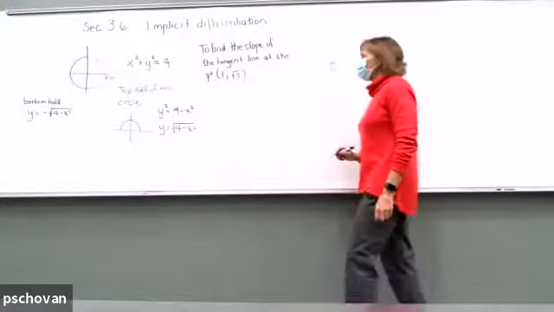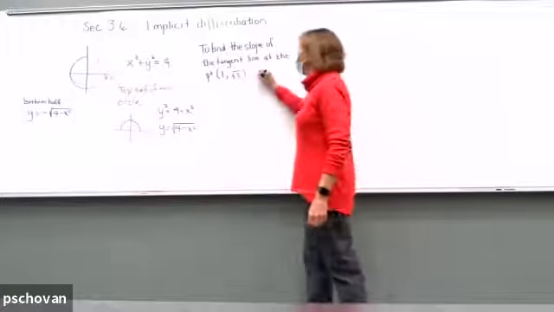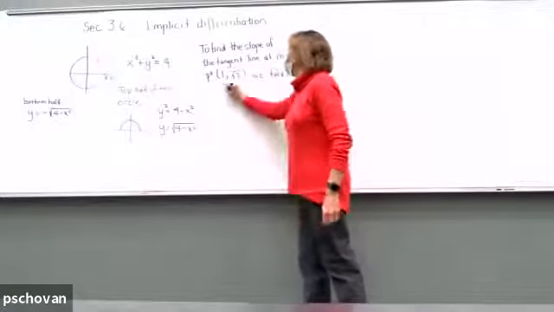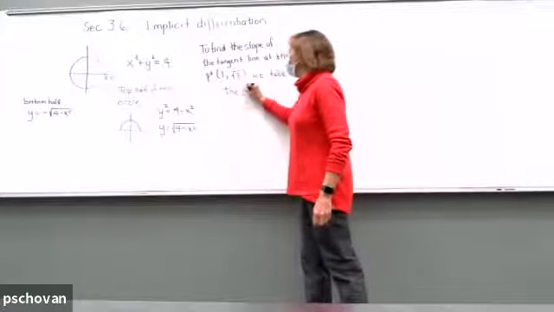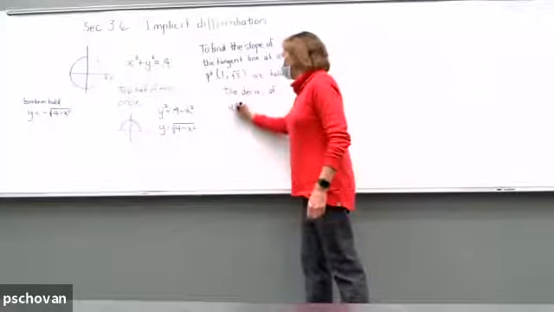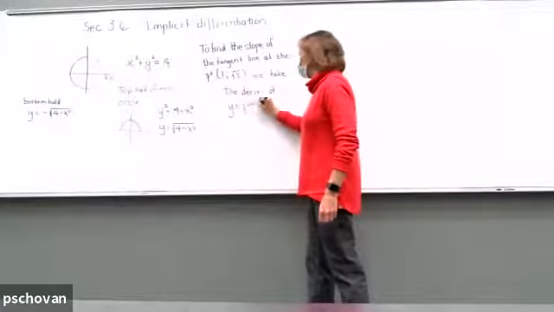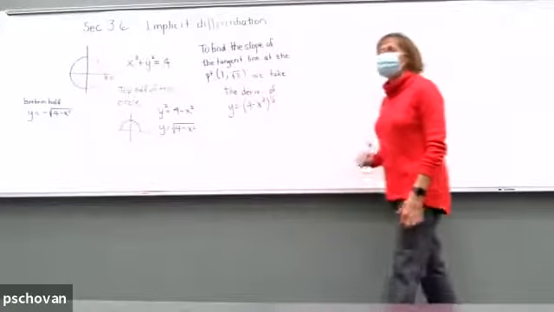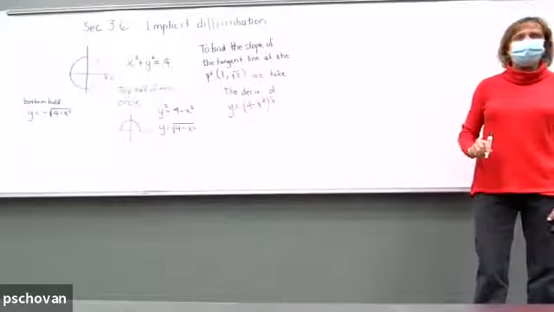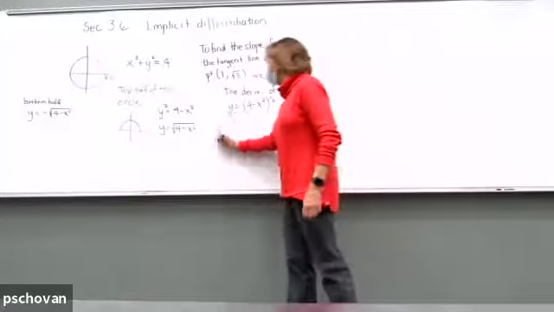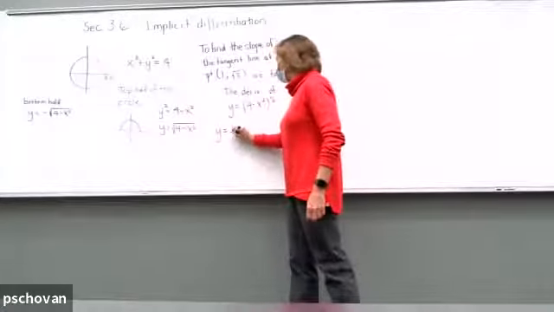So to find the slope of the tangent line at that point, we take the derivative of y is equal to the positive square root of 4 minus x squared. I'll write it to the 1/2 power. And then we bring the power down, raise it to 1 power less, multiply by the derivative of what's inside.